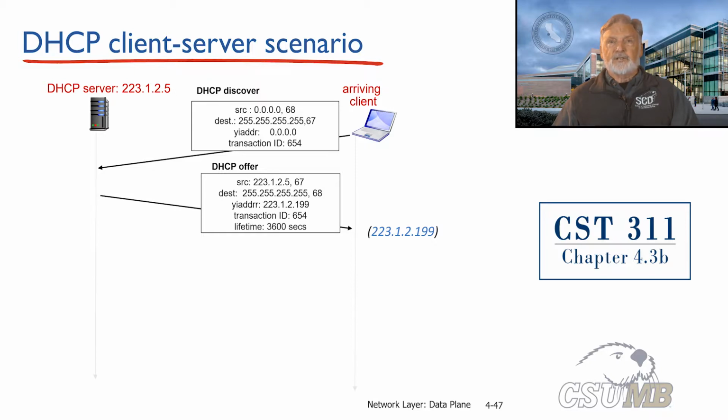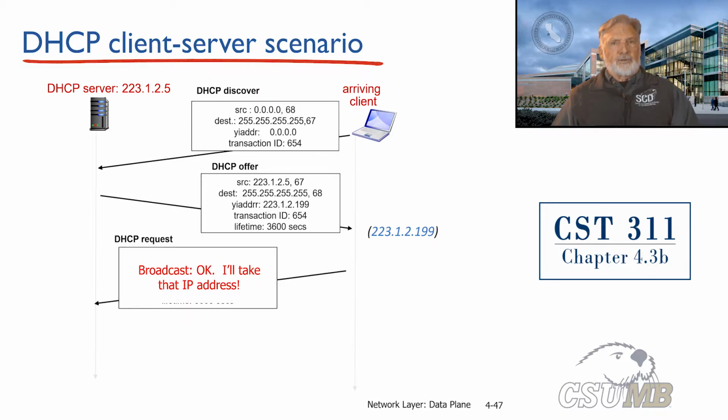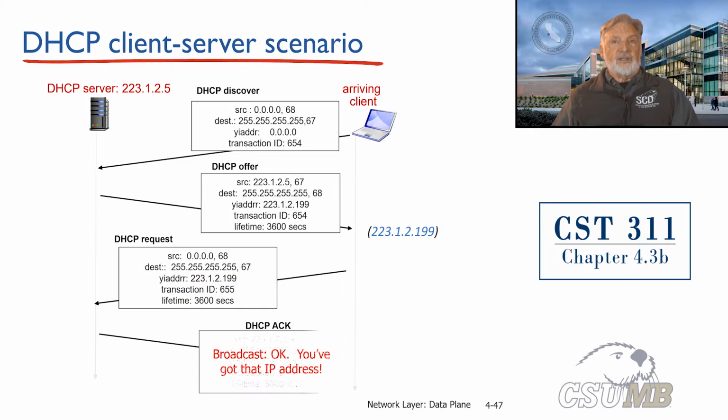Since more than one DHCP server can be present on the subnet, the host may be able to choose from among several offers. The host responds to its selected offer with a DHCP request message echoing back the configuration parameters. The DHCP server answers back with a DHCP ACK message confirming the assignment of the IP address and providing additional configuration parameters to the host.